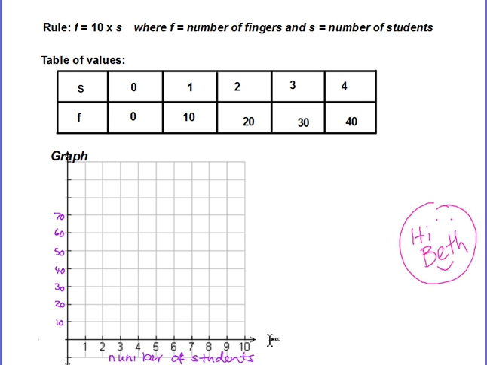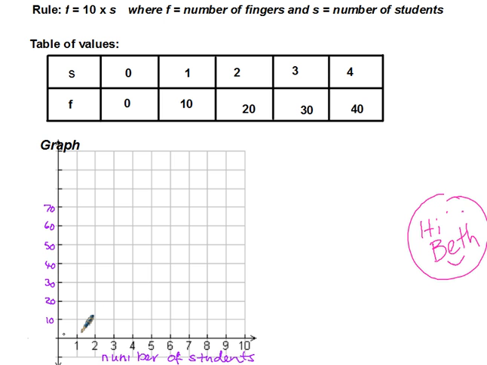So really, we could call it the s-axis, couldn't we? The y-axis corresponds to the number of fingers. So let's plot this point here, the point 0, 0. Remember we talked about what 0, 0 was. It's this point here called the origin.